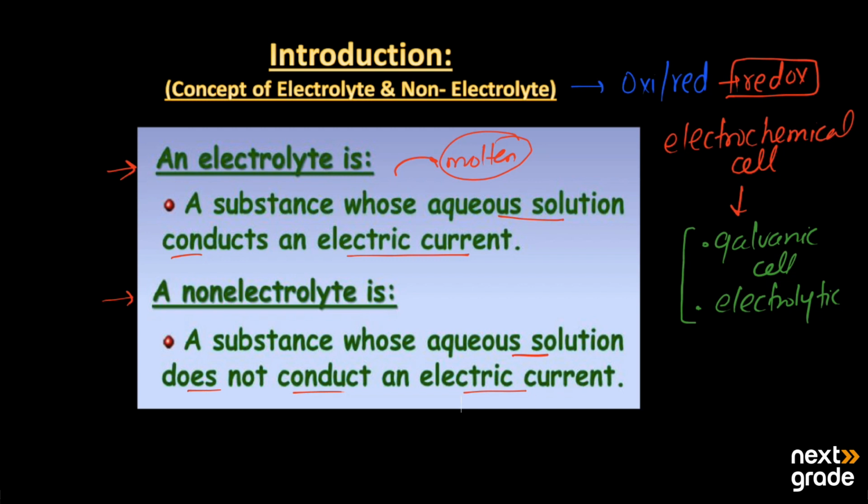We have a lot of electrolyte and non-electrolyte substances around us. For example, substances that are ionic in nature, likewise if we have a solution of sodium chloride, and if we have solutions of many strong acids, they can conduct electricity, and these are known as electrolytes. On the other hand, when we talk about non-electrolytes, these substances will not be able to conduct electricity.